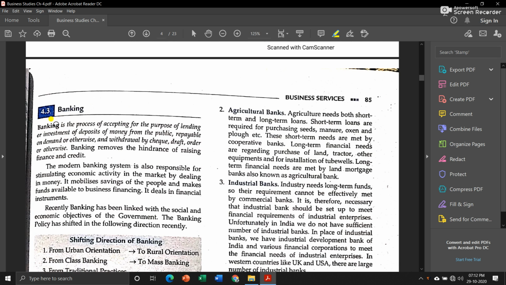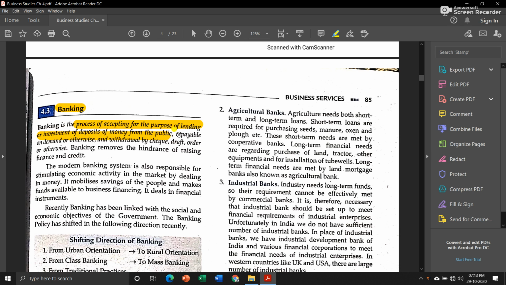Now let us start the topic of banking. Banking is the process of accepting deposits of money from the public for the purpose of lending or investment. Banking is nothing but a process of taking deposits of money from the public with the purpose of lending, loan or investing in something else.